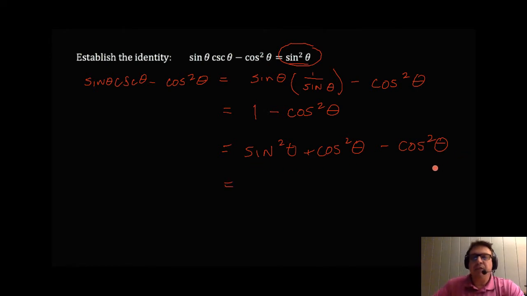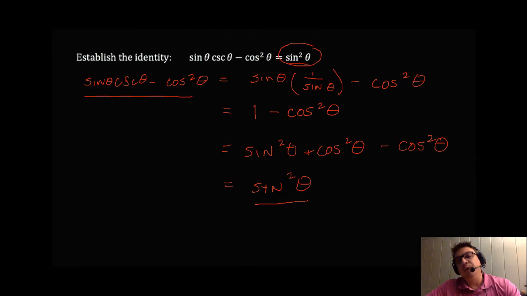Simplify this expression: cosine squared theta minus cosine squared theta goes out to be 0, and I'm left with sine squared theta. So we've taken the left-hand side, adjusted it using all of our trig identities, done the mathematics, and we got to the end having exactly what we wanted it to become. We're going to do 3 examples in this section, and then we've got 2 more videos doing 1 example each.